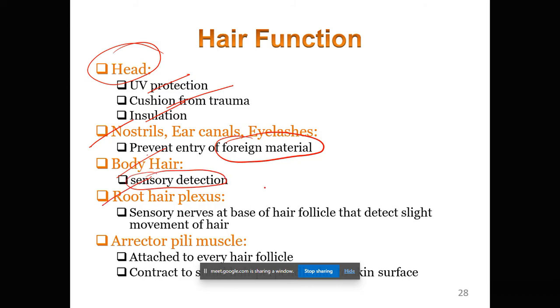In the root hair plexus, sensory nerves are placed at the base of the hair follicle and detect slight movement of the hair. That's why we feel how hair moves. Then the arrector pili muscle is attached to every hair follicle and it contracts to make the hair stand up from the skin surface. Okay.